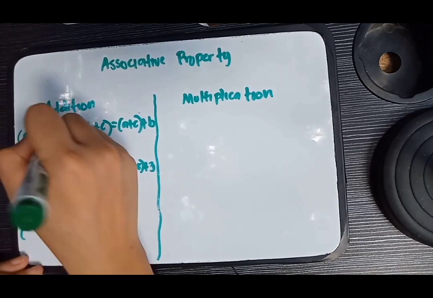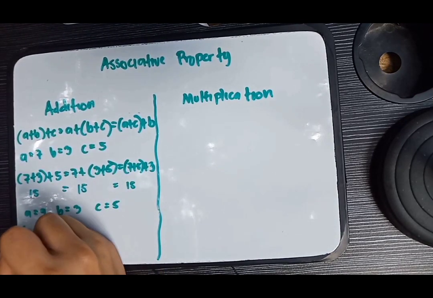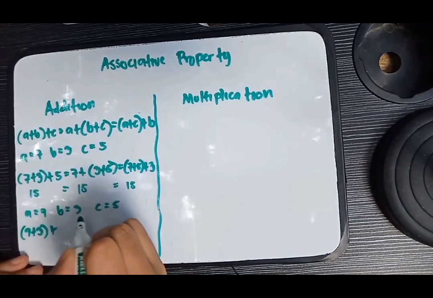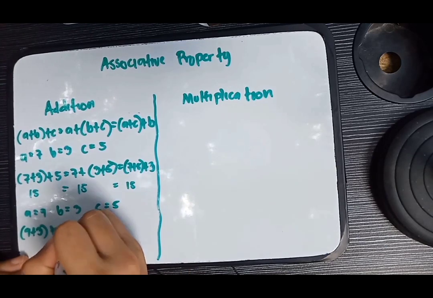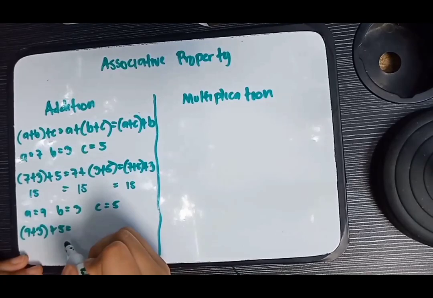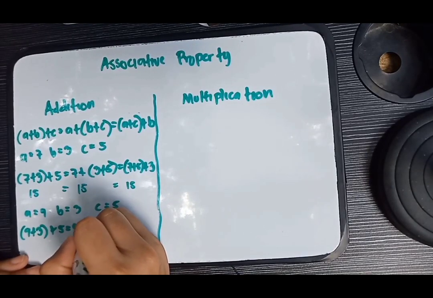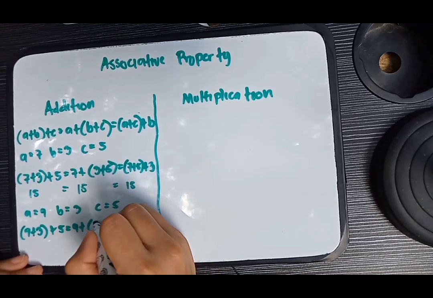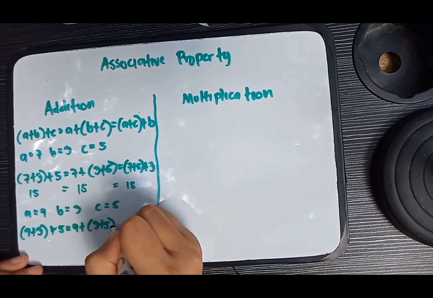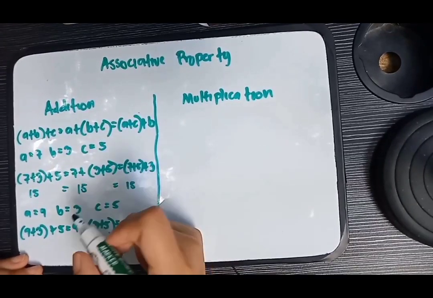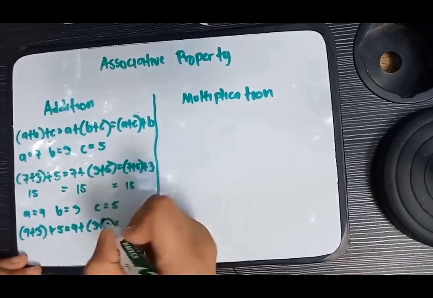So, our A and B is 9 plus 3, and our C is 5. So, 9 plus 3 plus 5 is equal to A plus B plus C, where A is 9, B is 3 and C is 5. So, 3 plus 5 is equal to A plus C plus B.